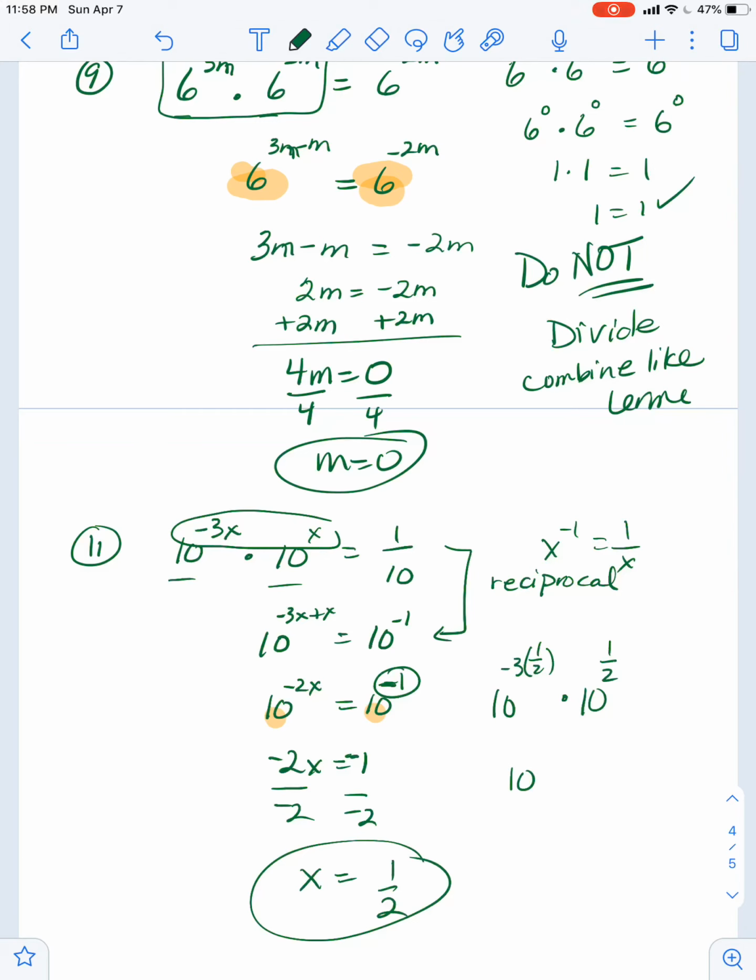So negative 3 times 1/2 is a negative 3/2. There we go. Now this is a negative 2 over 2, 10 to the negative 1, which is 1/10. That checks now with what I need it to be. See, if I hadn't done my check, I would not have caught that I messed up.